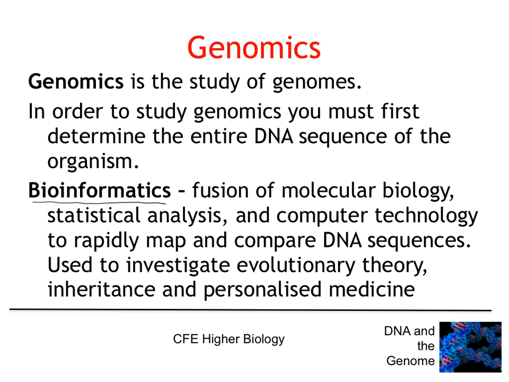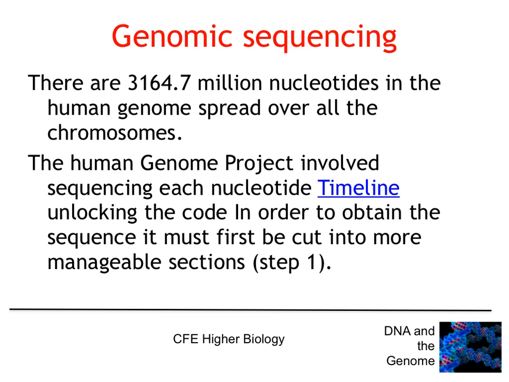So it was a huge jump forward when computers started to get into genetics, and it meant that we were able to put together huge amounts of information and be able to map out the human genome. So the Human Genome Project began in about 1985, and its goal was to determine the complete nucleotide base sequence of the human genome.